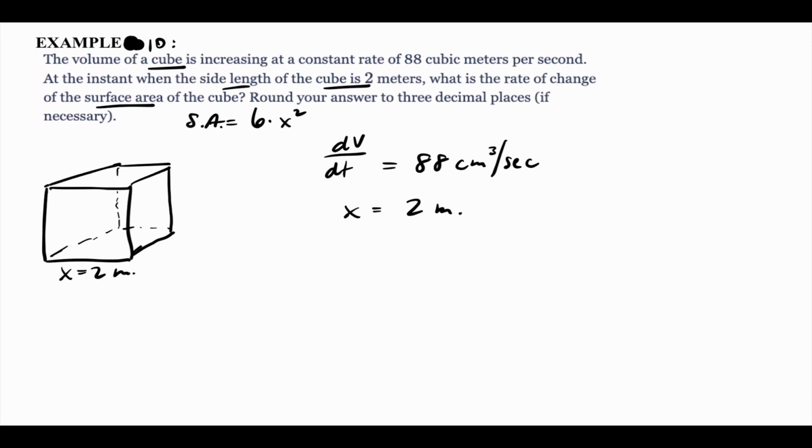So we have to figure out what is the rate of change of surface area. Okay, so since surface area is SA, we're going to say dSA over dt. That we don't know. That we do not know.